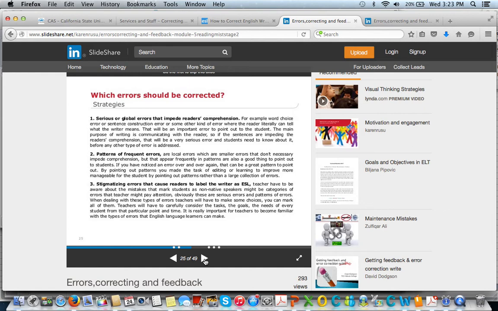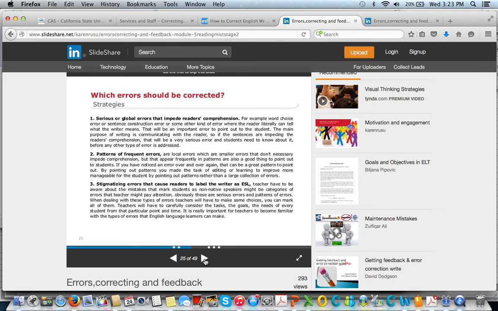So just using past tense versus present tense, it was really an issue in almost every single verb. So I could take that and say, okay, let's work on verb tense. Let's look at why something would be in the present versus the past. And I can get the student to focus on verb tense when she's reading over her paper. So that's a pattern of frequent errors.